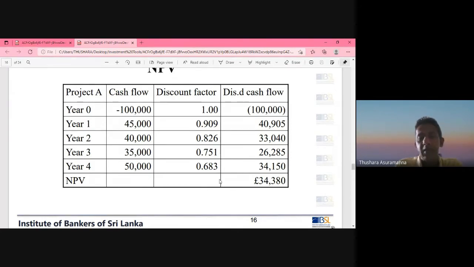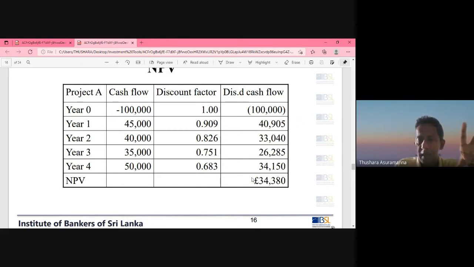Then these are the discounting factors, which you have computed earlier also, for 10%. And as I was telling you, for year 0 the discounting factor is 1. Then you have net cash flow and the discounting factor for each year, you multiply them, and the discounted cash flow comes here.